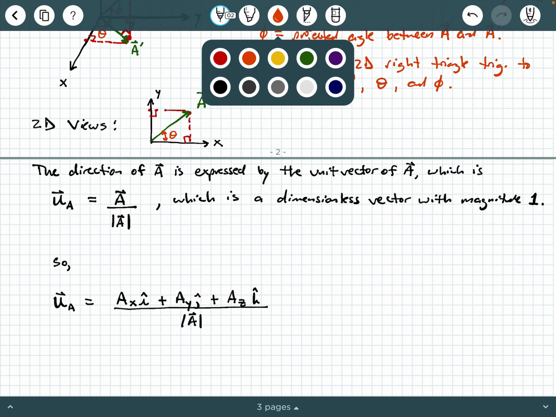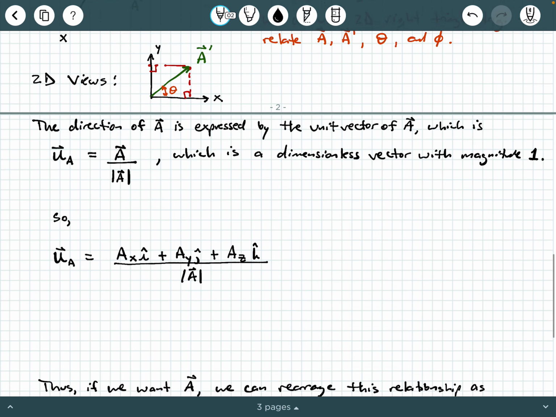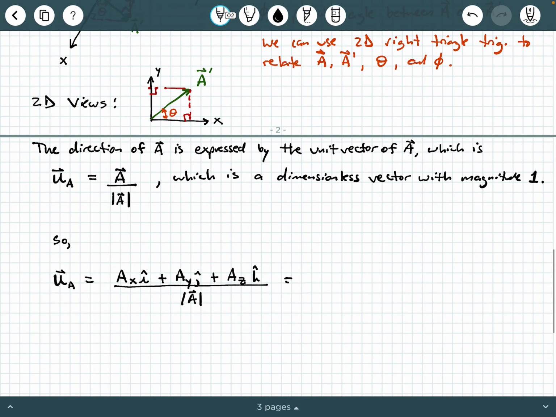Now, I can take this a step further. I can take this a step further and say this is going to be equal to AX over magnitude of A times i plus AY over mag A times j plus AZ over mag A times k.